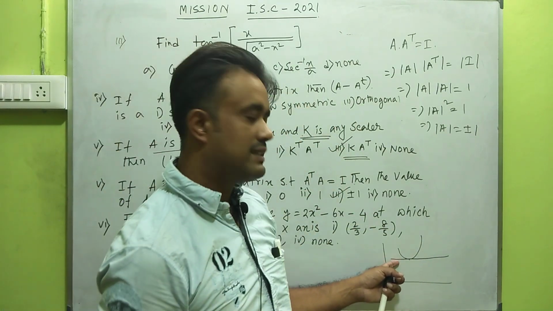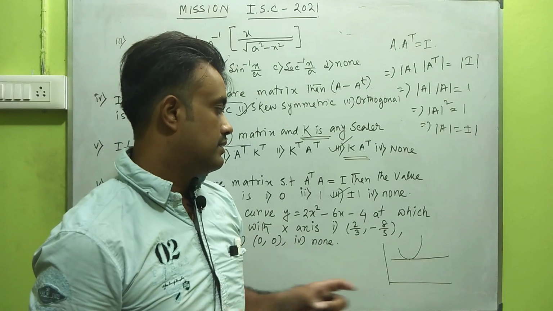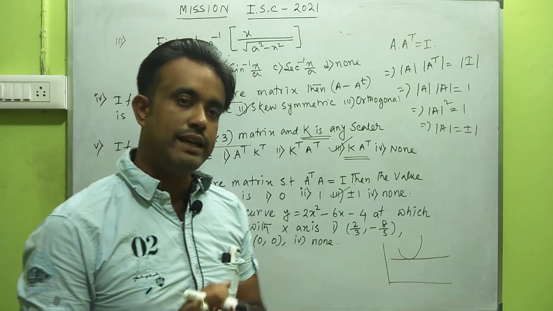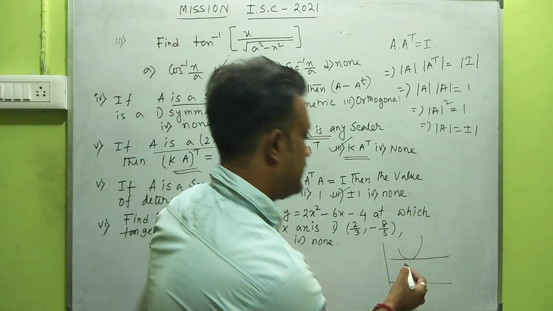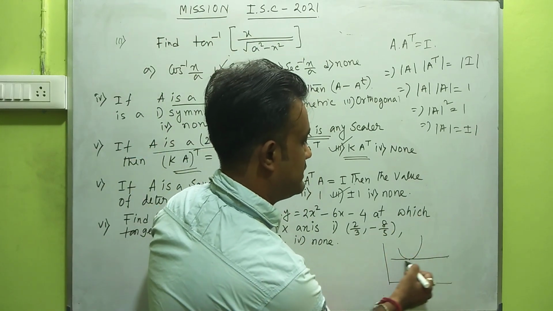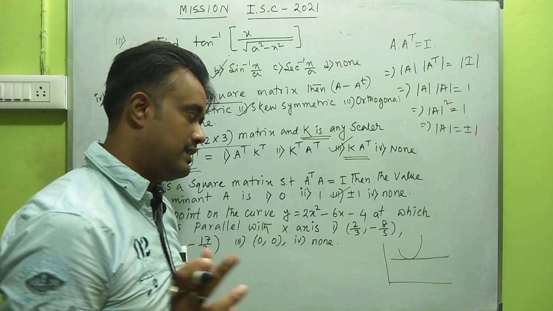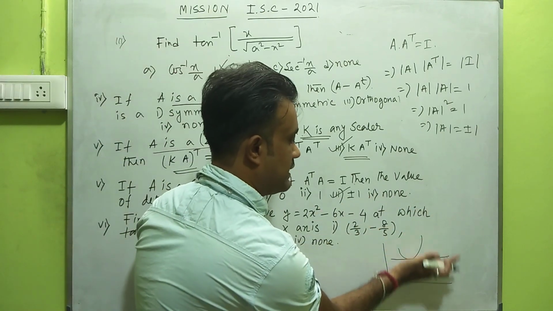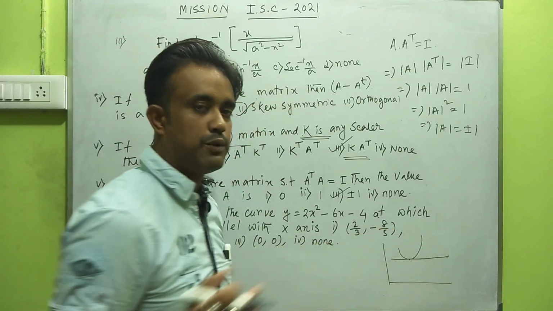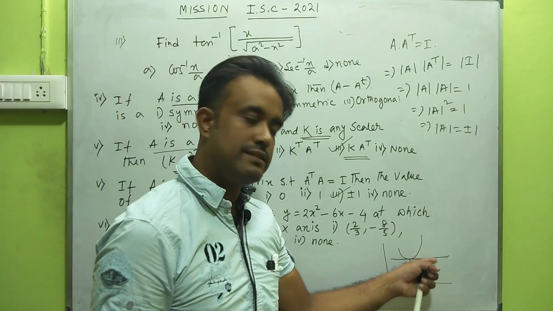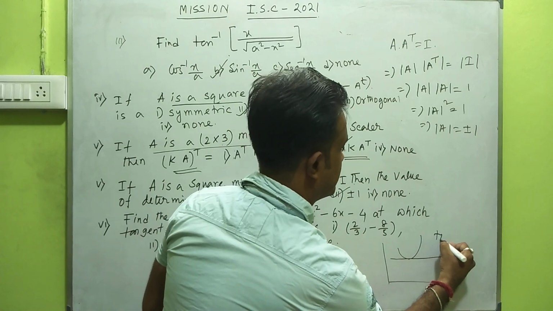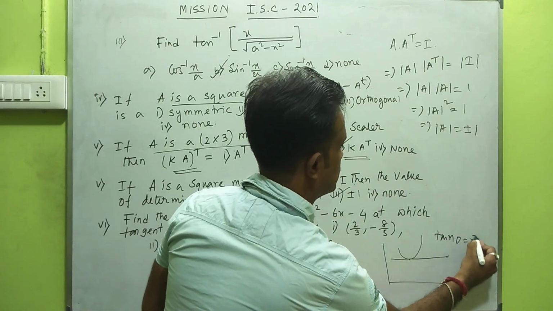So here theta makes a 0 angle with the positive direction of the x-axis. Actually here theta is 0. So the angle between the positive direction of the x-axis and the tangent is 0. So tan of 0 is equal to 0.